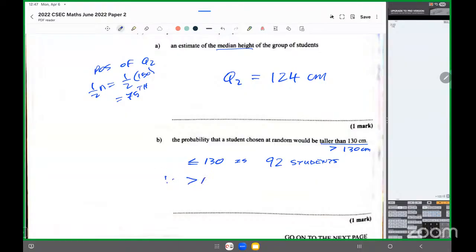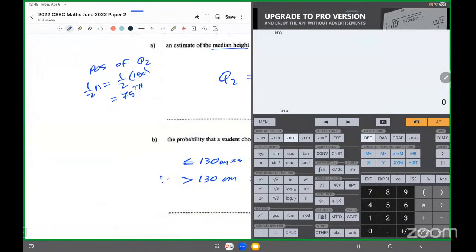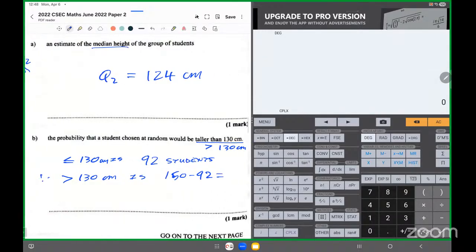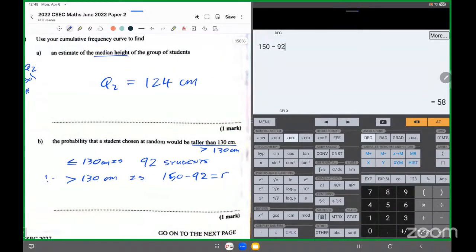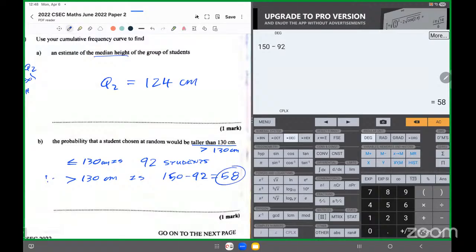Therefore, greater than 130 centimeters is 150 minus 92. Close the door, please. That's 58, right? So what's the probability of getting one of those students?